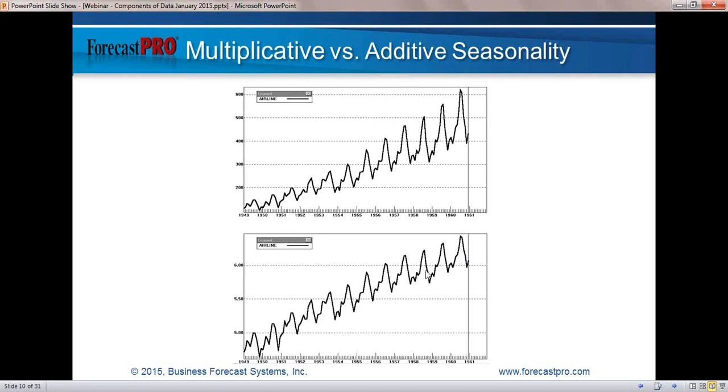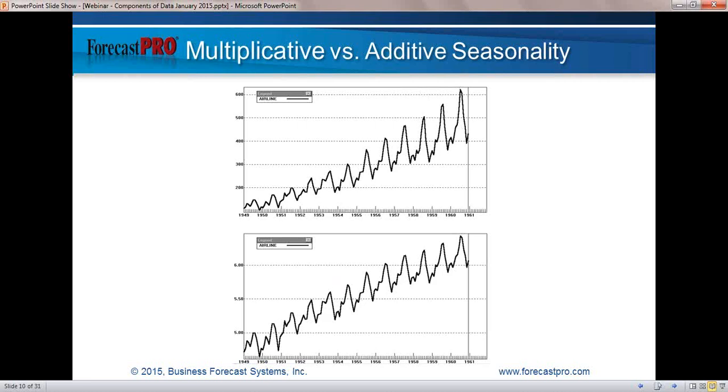We'd add 300 units for December, subtract 100 units for February, that kind of thing. Again, what we're looking at is the peak to trough variation. In the top example, it becomes more pronounced as time goes on, which is indicative of a multiplicative pattern, versus the bottom example where it's pretty uniform, which is an additive pattern.